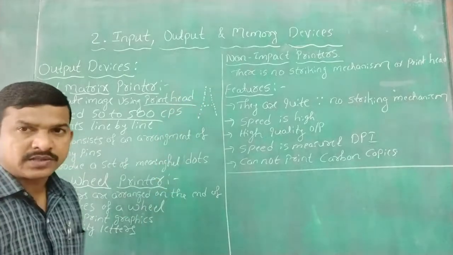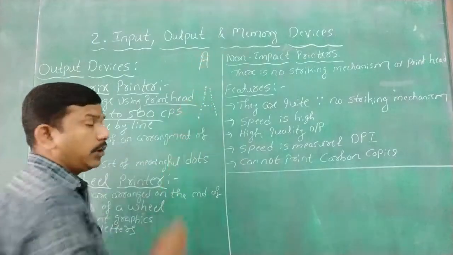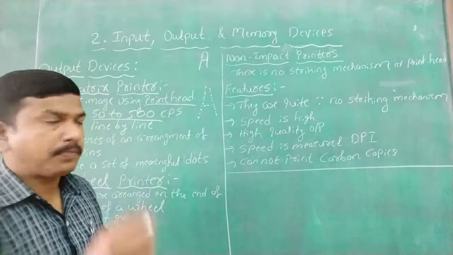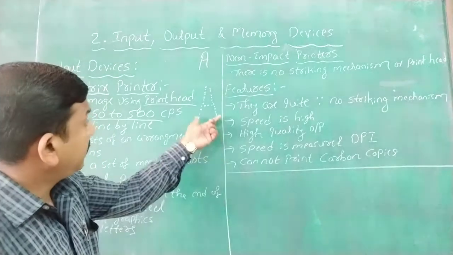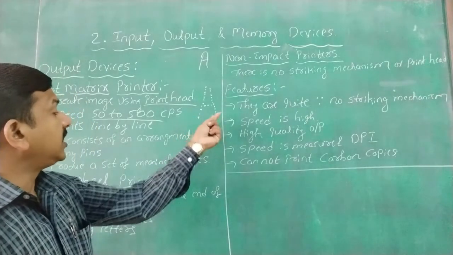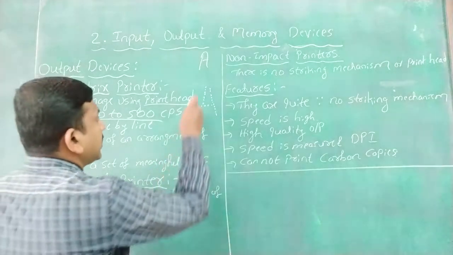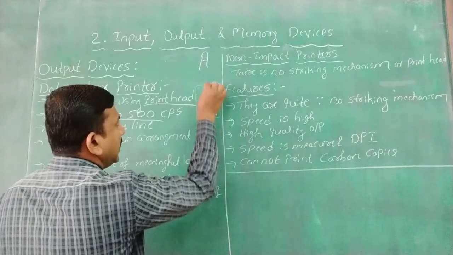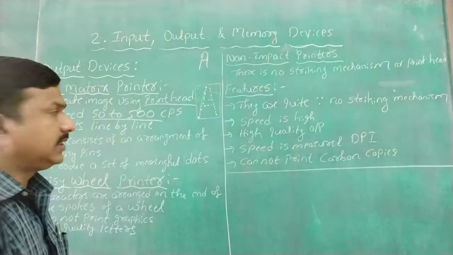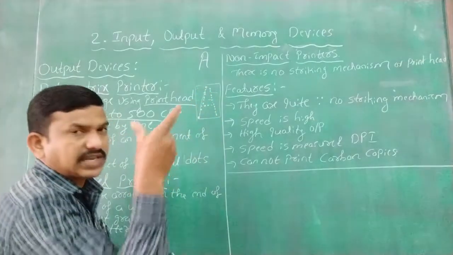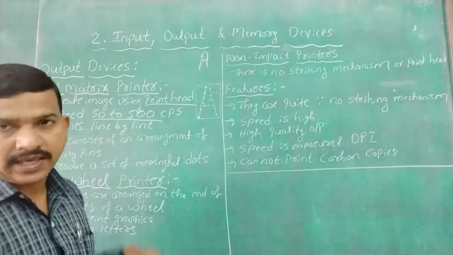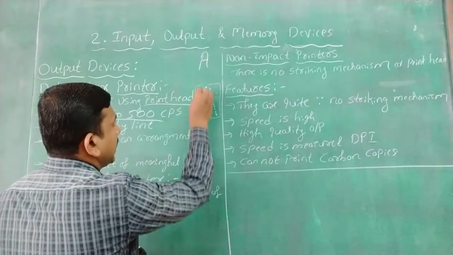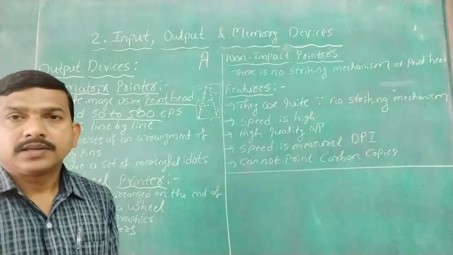Suppose I want to print A. It produces so many dots so that it can give meaningful information or a meaningful result. There are so many dots here, and only the A part will be highlighted. Only these pins are highlighted and strike, and it displays A. Suppose I want to display B. So what happens? There are some pins here, and only those pins display here like this. Is it clear?